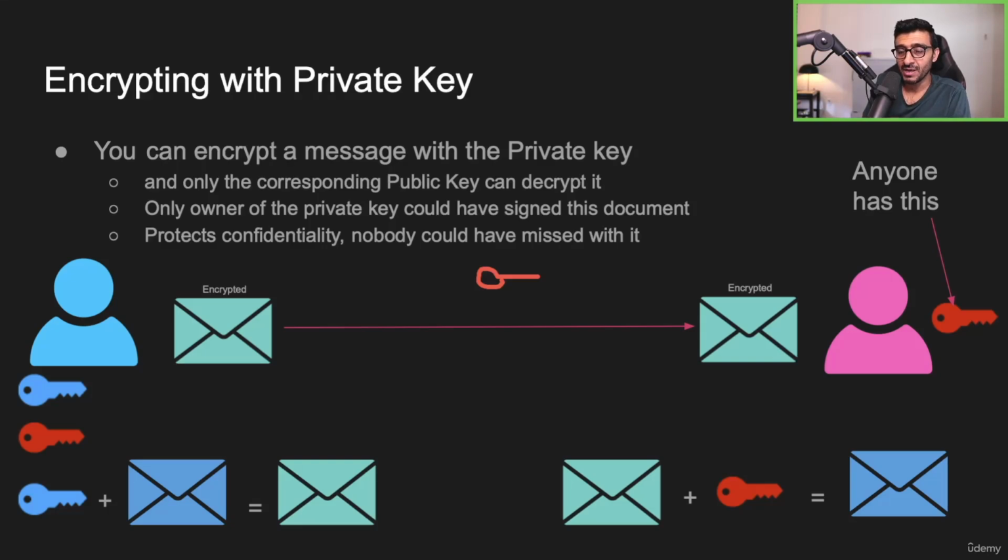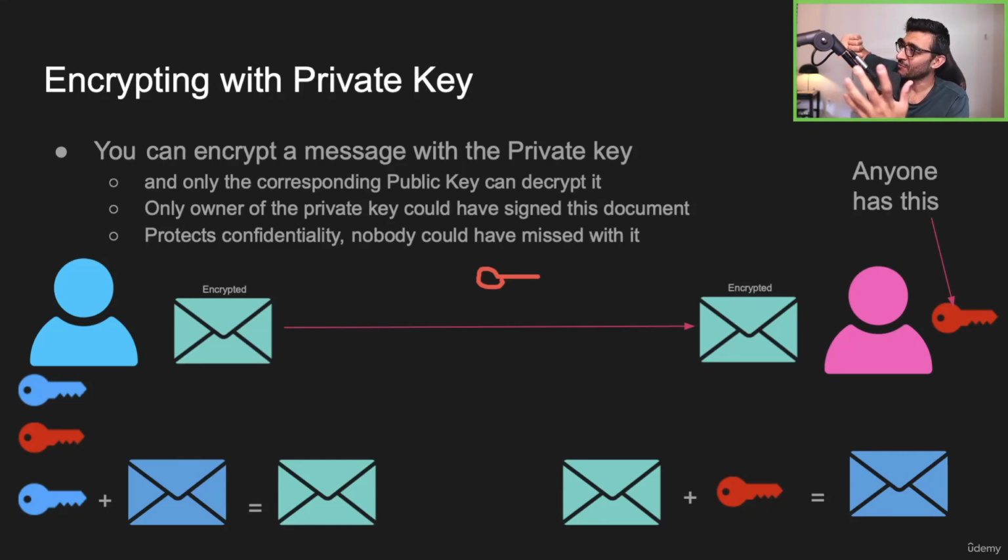Because if someone has changed the message, the document, to say something else, then they have to re-sign it again, right? With their own private key, because they don't have my private key. So if they change something, they have to sign it again. Because the signature will not match the content, the hash.